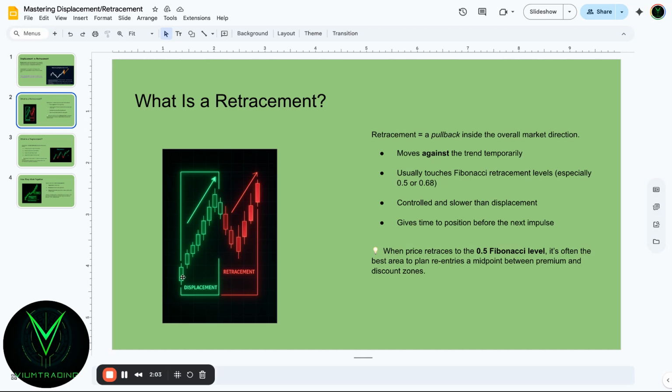So if you didn't place a trade all the way down here, and you haven't placed a trade yet, and this is a displacement happening, you wait for the retracement to the 0.5 Fibonacci level, and then you enter the trade over here with your stop loss down here, or even down here. If the market goes down, it doesn't take you out that much.